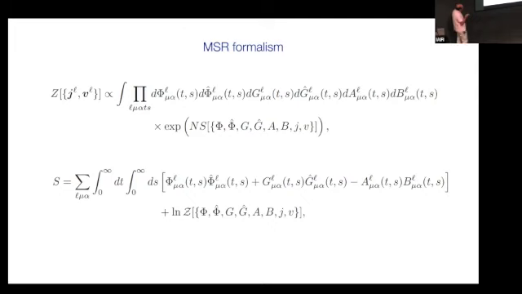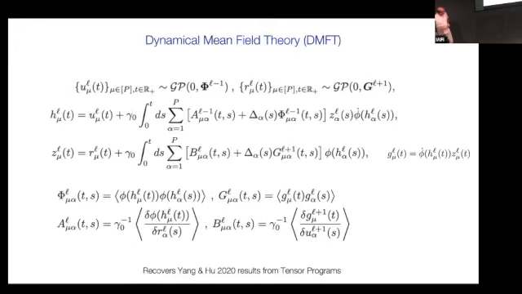Just looking at this action, you can see what's happening. That action describes exactly this crazy looking stochastic process. I'm going to tell you what's happening over here. I just want to point out that this ends up matching the result from tensor programs from Greg Yang and colleagues, but you're able to get them from this standard path integral formalism.